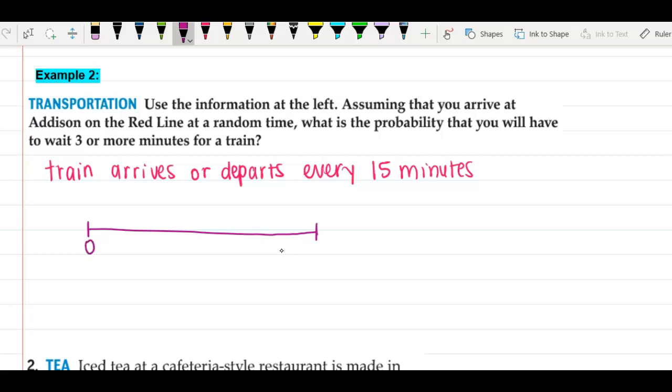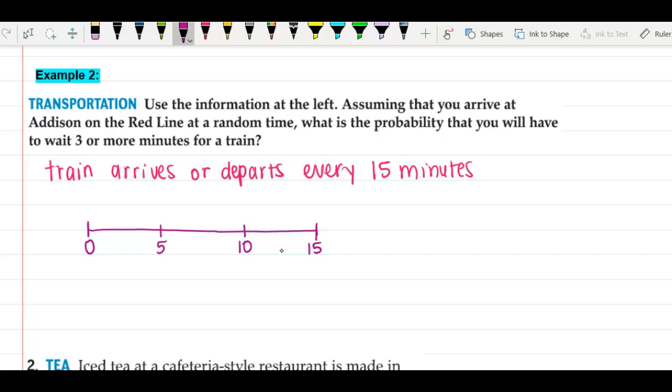So our timeline is going to start at 0. This line is not straight and it's really bothering me. And it's going to end at 15 minutes. So let's put some, let's say like, I don't know, this is 5, 10. We don't have to label everything. Just give us some sort of interval so that we know.